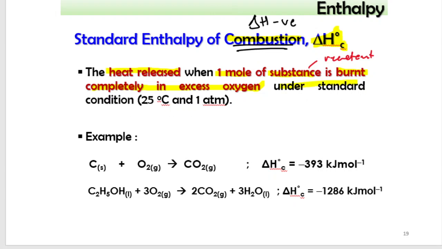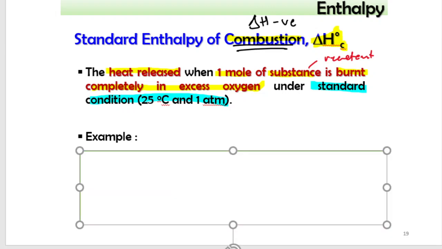Okay, under standard condition ni macam sama je lah. Untuk all standard condition 25 degrees Celsius and 1 atm ni kena tulis lah kalau dia minta definition. Okay, alright. So for example, write this example in your notes. Okay, so let's say you need to write the thermochemical equation for combustion of carbon.